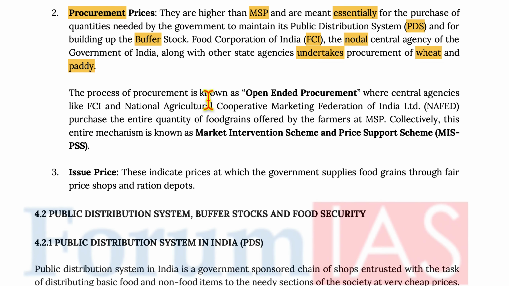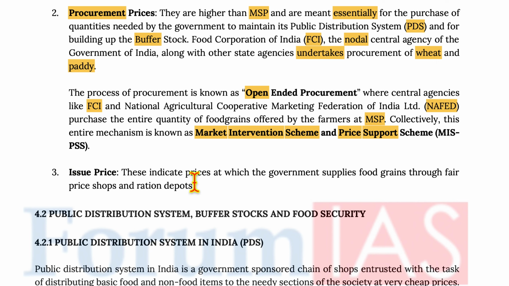The process of procurement is known as open-ended procurement, where central agencies like FCI and National Agricultural Cooperative Marketing Federation of India, that is NAFED, purchase the entire quantity of food grains offered by the farmers at MSP. Collectively, this entire mechanism is known as Market Intervention Scheme and Price Support Scheme, that is MIS PSS.